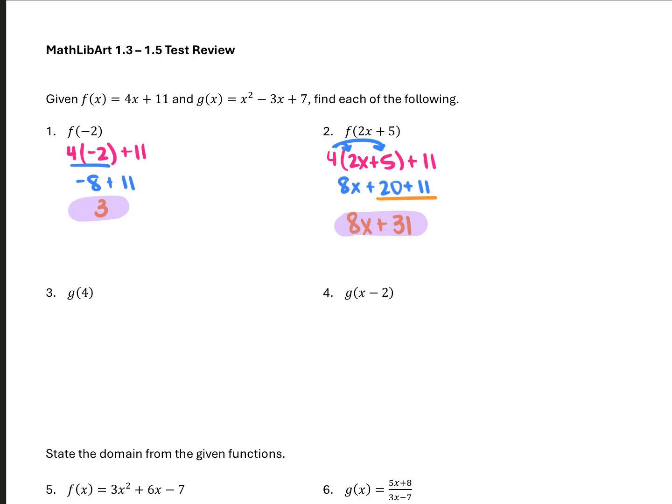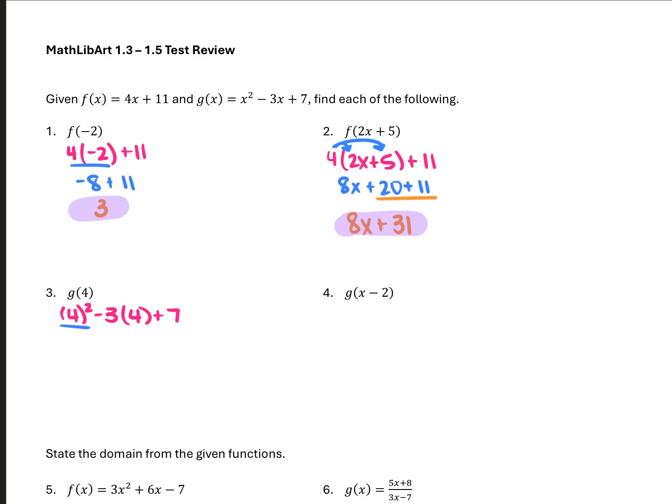For number 3, you're finding g of 4. So now you're going to take that g of x expression and plug in the 4 anywhere you see an x and simplify. So that's x squared minus 3x plus 7. You're plugging the 4 in for x to get 4 squared minus 3 times 4 plus 7.